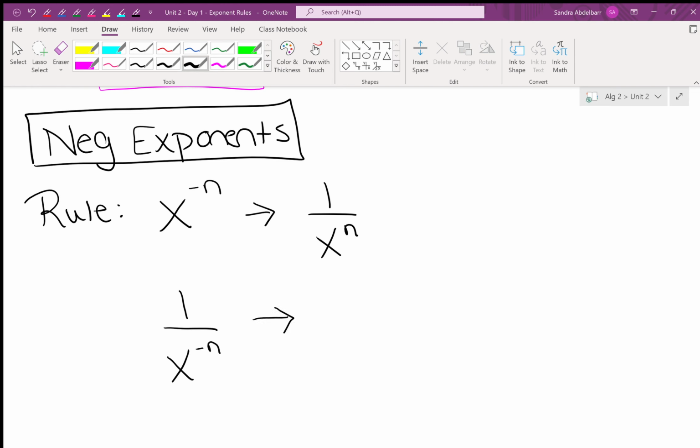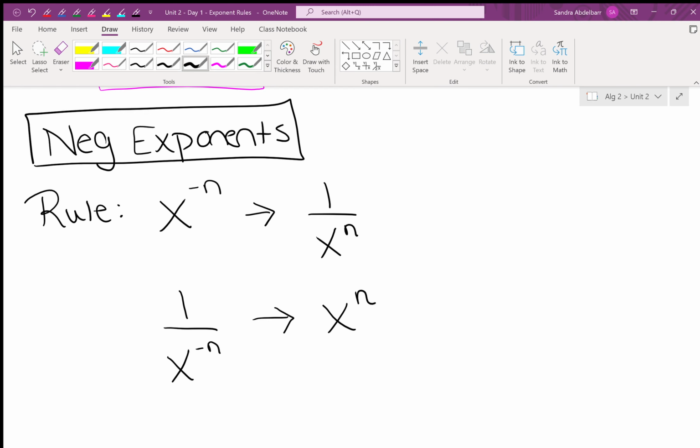Matt? You got it. If it's in the denominator, you're just going to move it up. So this would just be x to the n. So if it's negative in the denominator, move it up to the numerator. If the negative's in the numerator, move it down to the denominator.